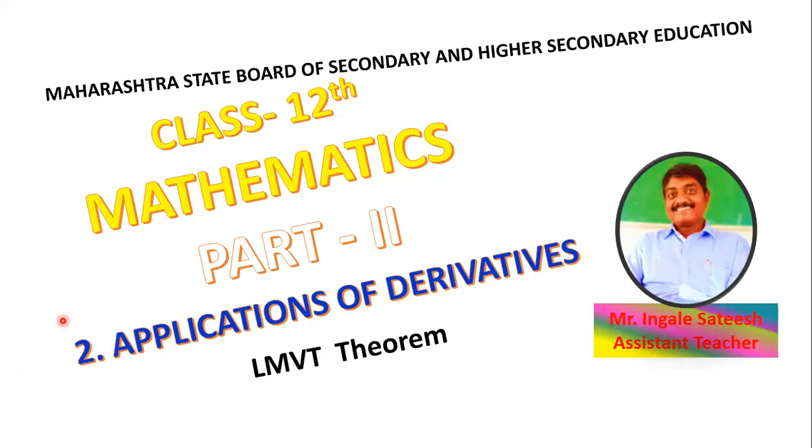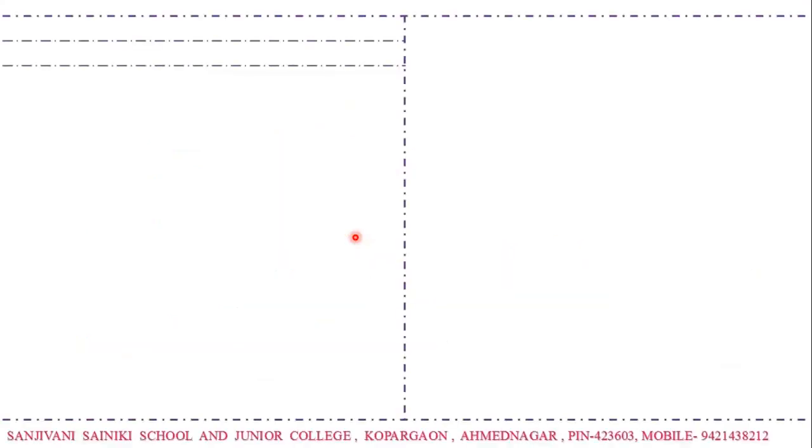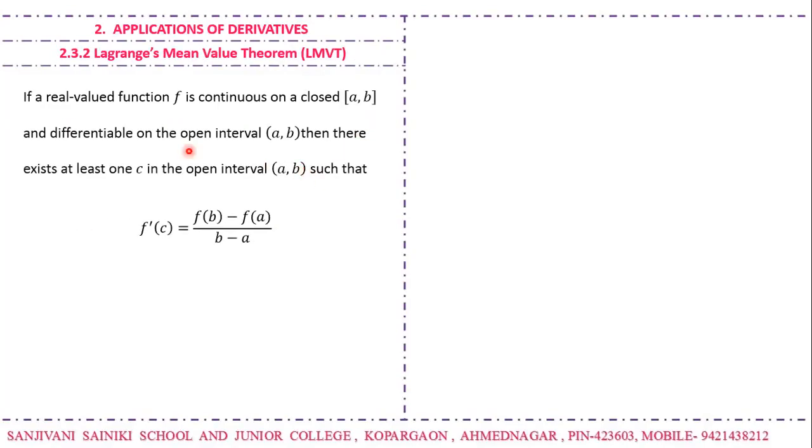Today we will see the next theorem, Lagrange's mean value theorem, LMVT. If a real valued function f is continuous on a closed interval [a, b] and differentiable on the open interval (a, b), then there exists at least one point c.